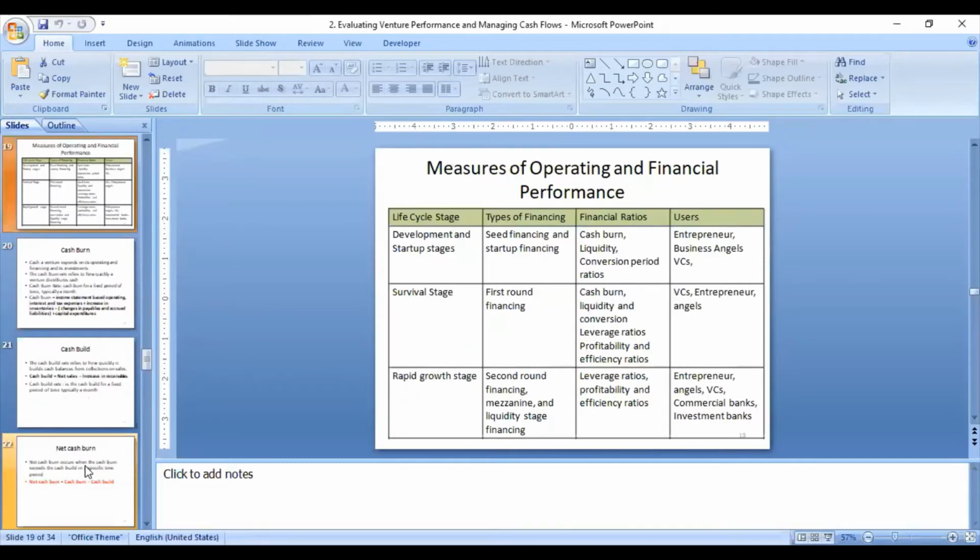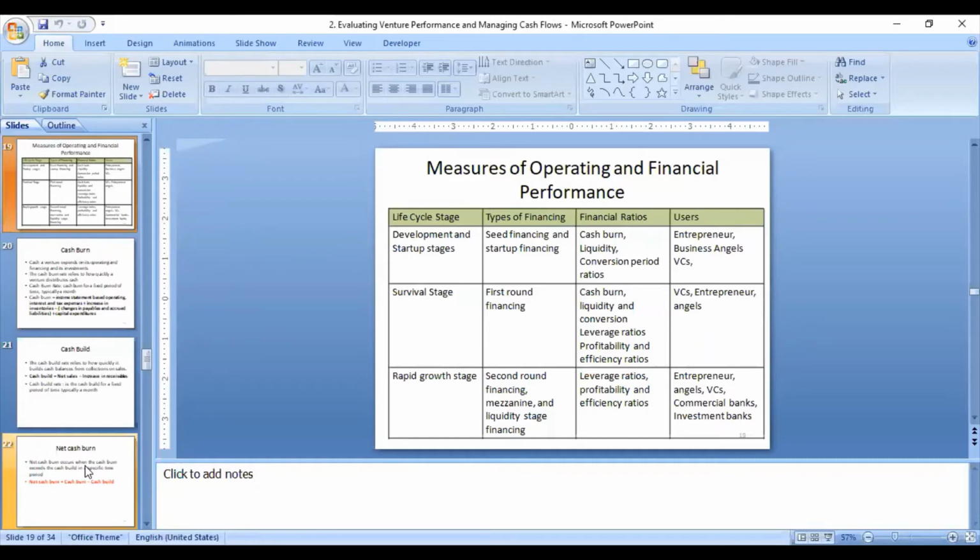Now, if you look at this table, you can see the different financial ratios that we can use at each stage in the life cycle. For example, if you look at the development and startup stages, basically we are financing through seed financing and startup financing.